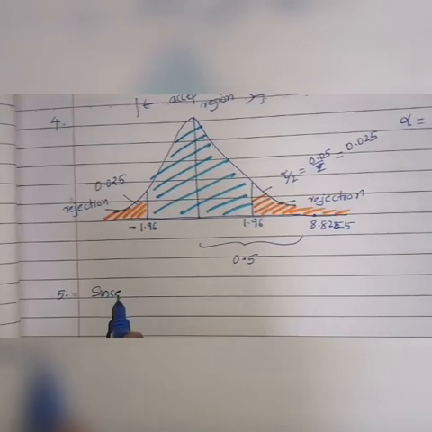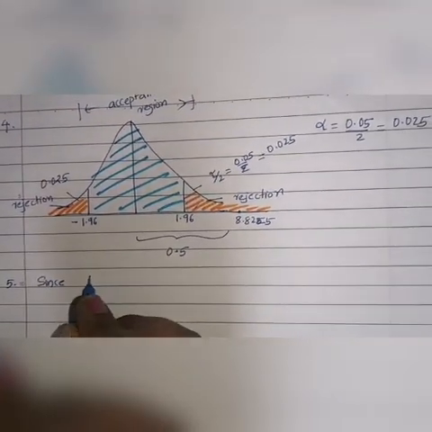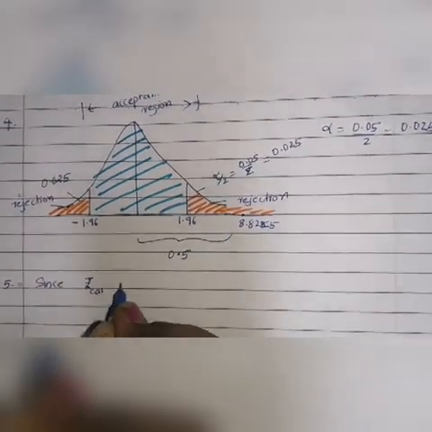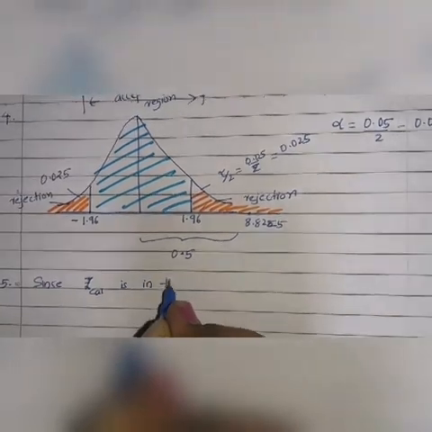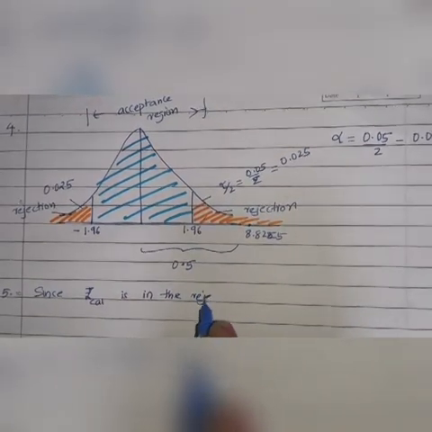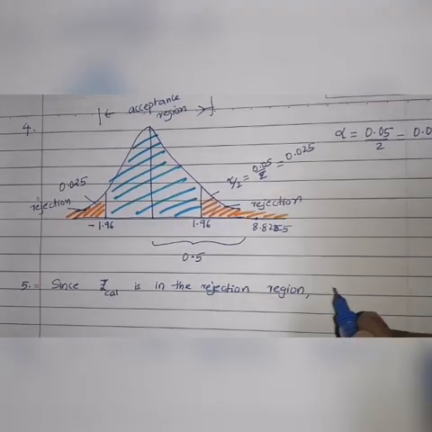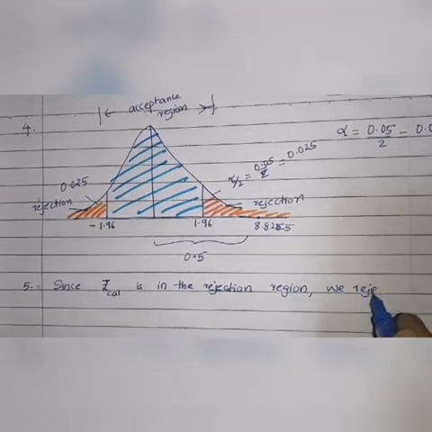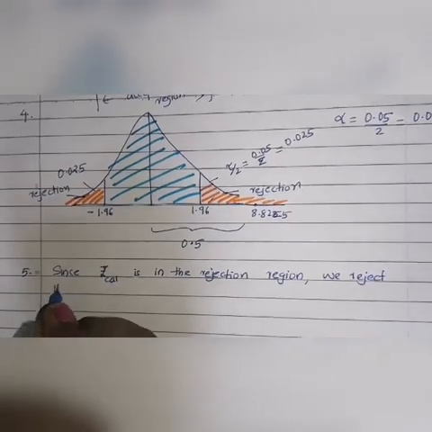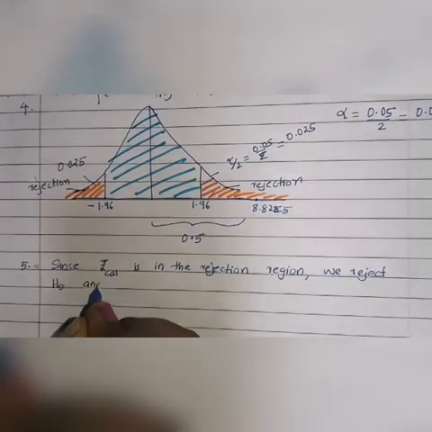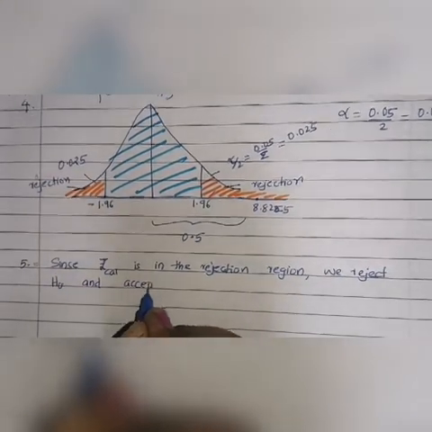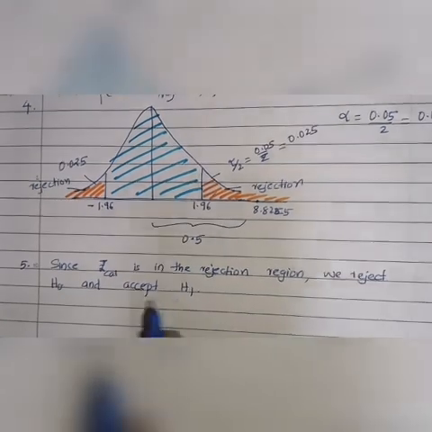Same thing, since the test statistic z-cal is in the rejection region, we reject H0 and accept H1. What is H1?